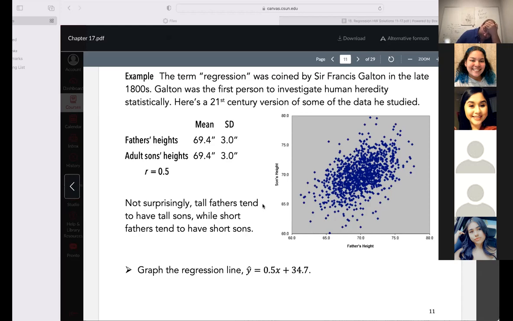Anyone? Please give me some validation as an instructor. Someone help me out here. What percent of the variation in son's heights can be explained by variation in father's heights?